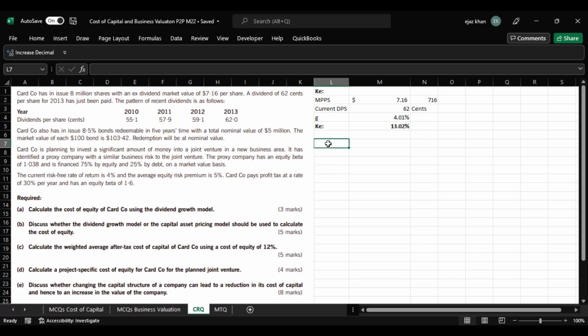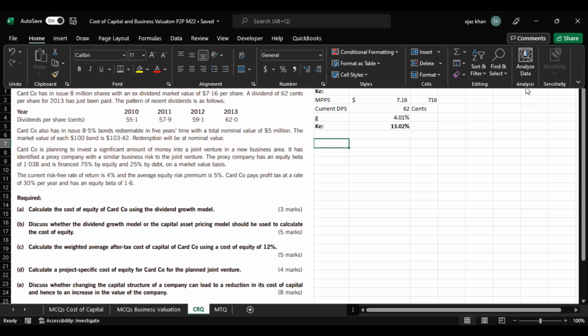Then the second part is the discussion of whether the dividend growth model or the capital asset pricing model should be used. This question is all about the comparison between the dividend growth model and the CAPM, and then we have to reach a conclusion as to which model should be used. So, how do we explain it?